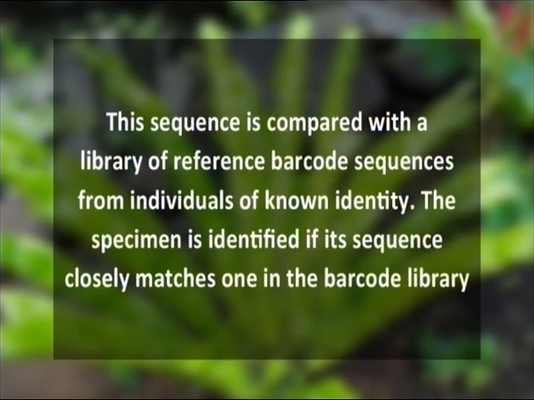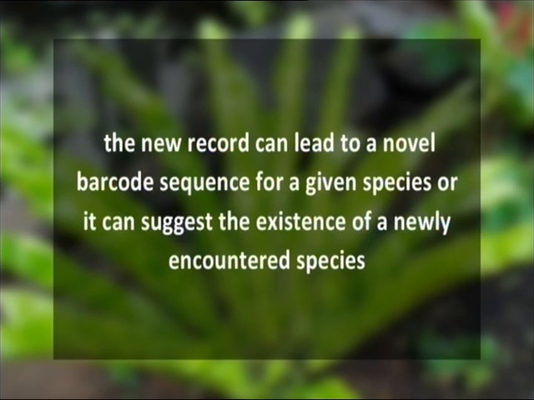This sequence is compared with a library of reference barcode sequences from individuals of known identity. The specimen is identified if its sequence closely matches one in the barcode library. Otherwise, the new record can lead to a novel barcode sequence for a given species, or it can suggest the existence of a newly encountered species.